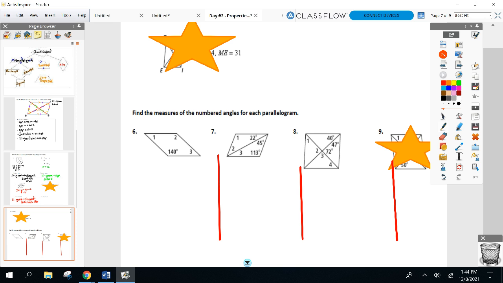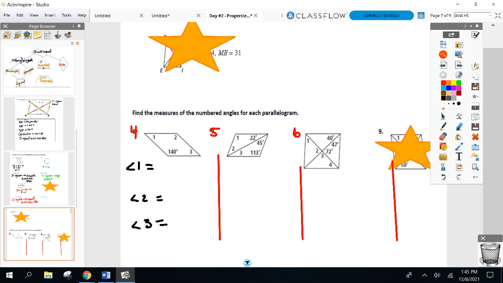Look, use your properties. Angles of a parallelogram. Use your properties.